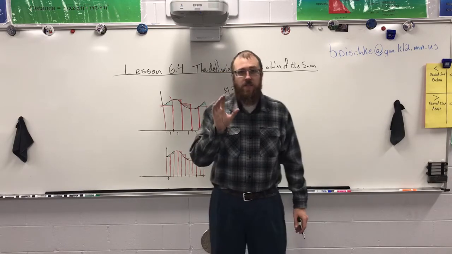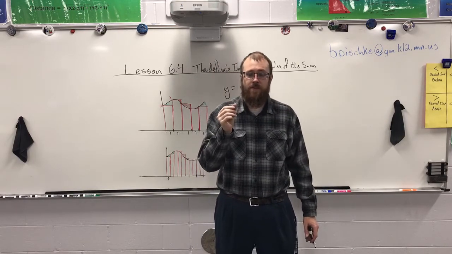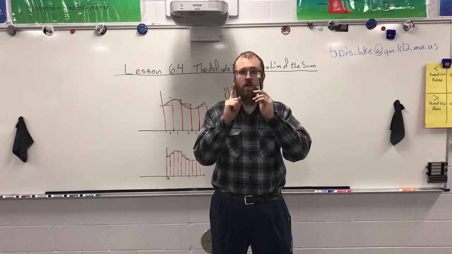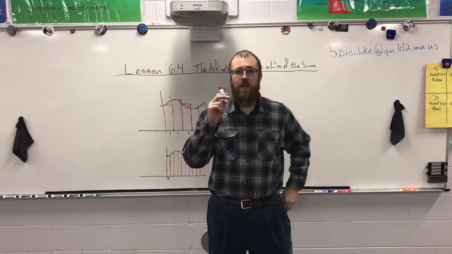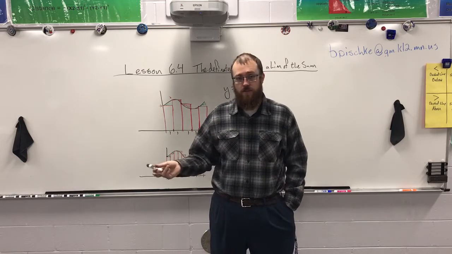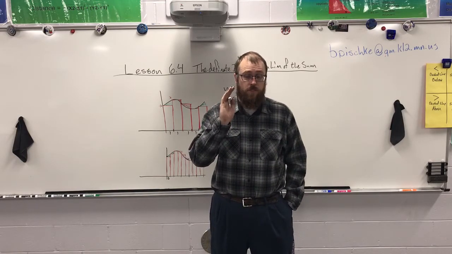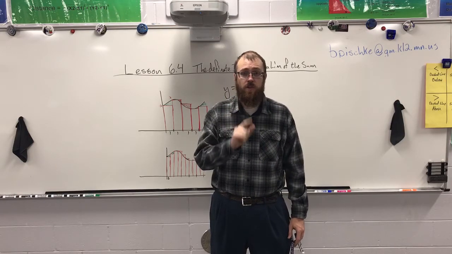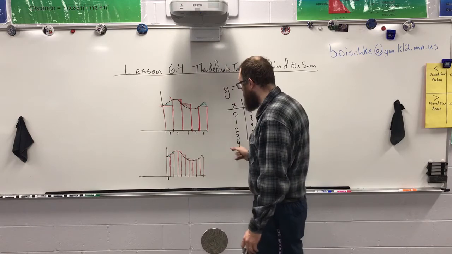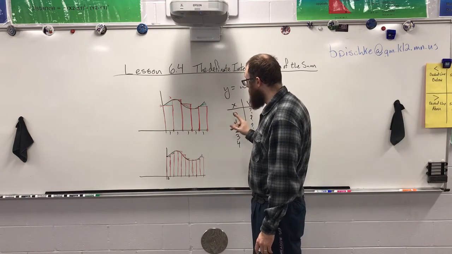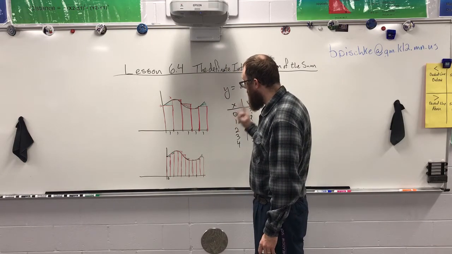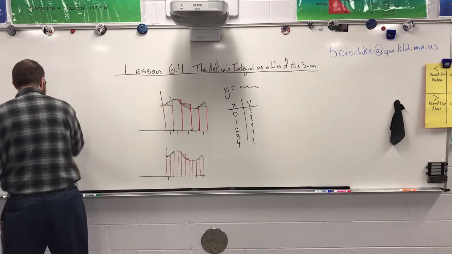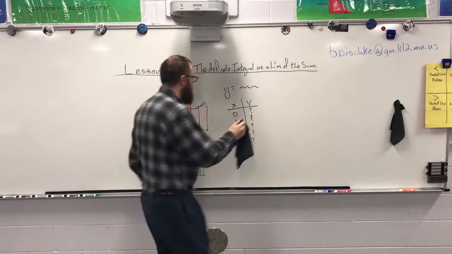And the smaller I make my rectangles, if I shrink them down to a third wide, or a quarter of a unit wide, or an eighth, or a 16th of a unit wide, the closer to the actual area I get, giving me an opportunity to move this whole process into calculus.